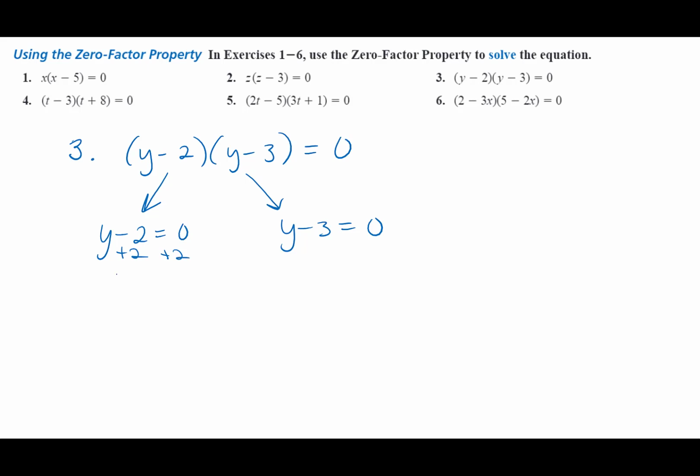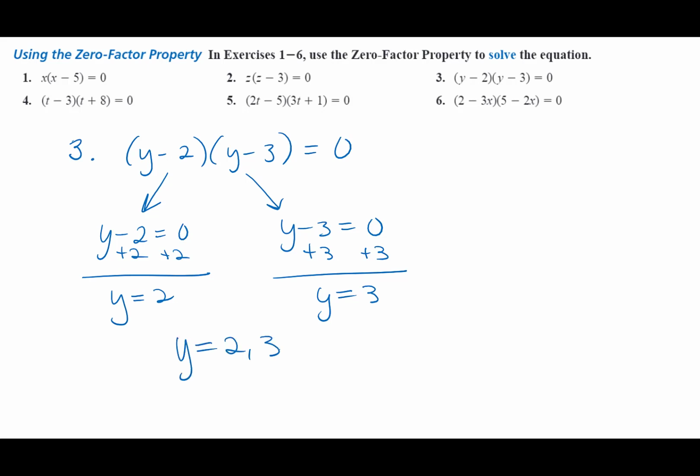We can add 2 to both sides. If y was positive 2, and we plug that into the original equation, it would equal 0. Or if y was positive 3, and we put that value into the original equation, it would also produce 0. And so your two answers are 2, 3.